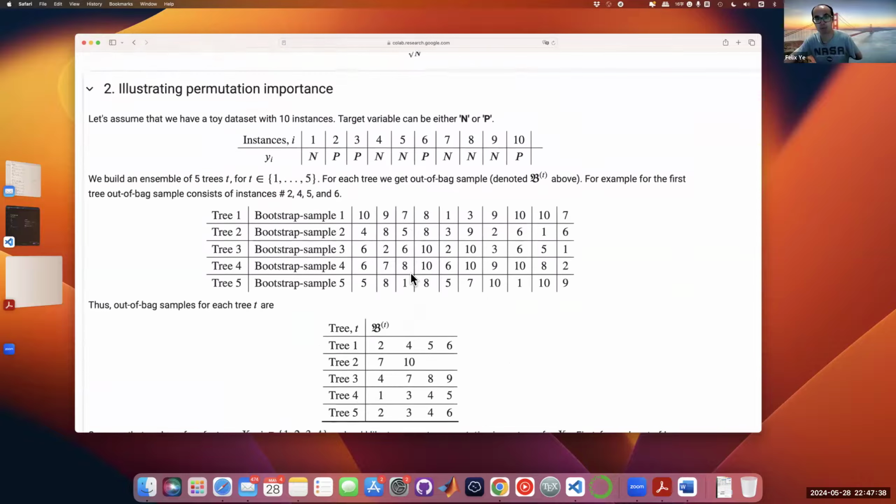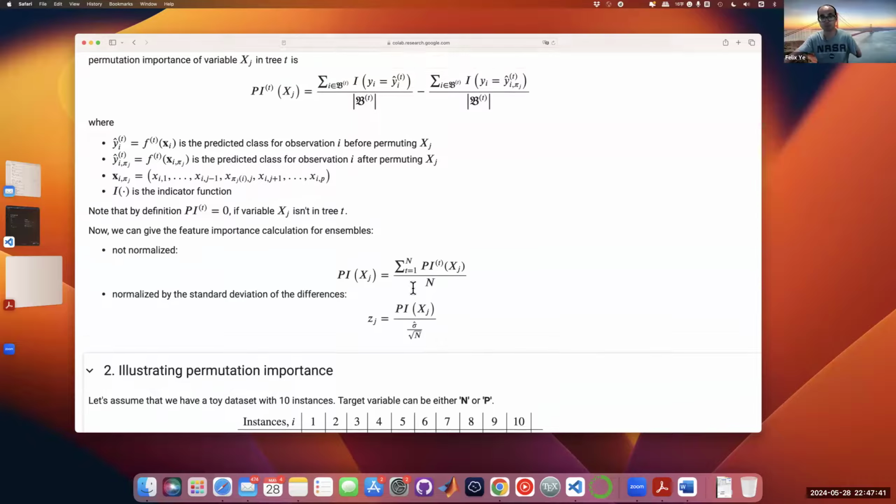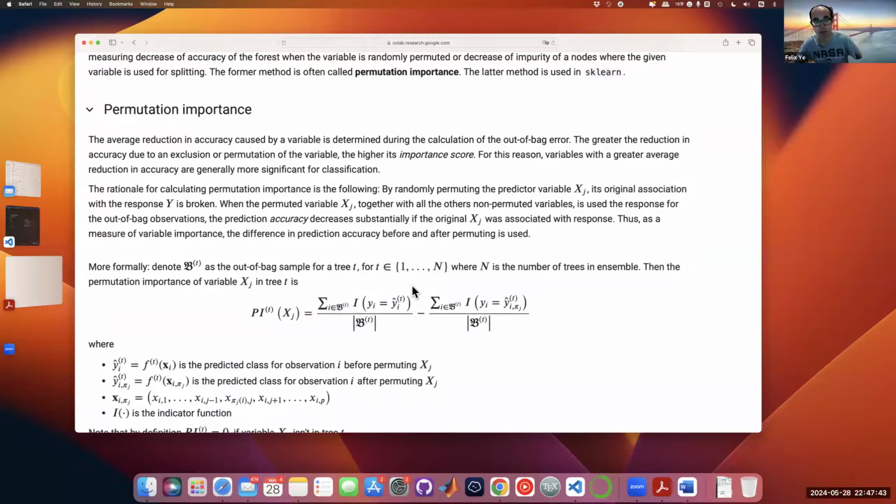Then I'm going to make these predictions to see how much the reduction in my accuracies is. The more reduction, that means that feature is more important, right?